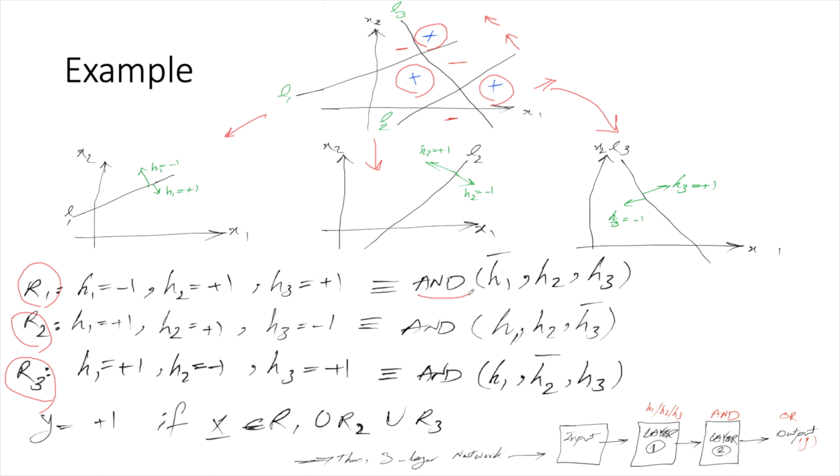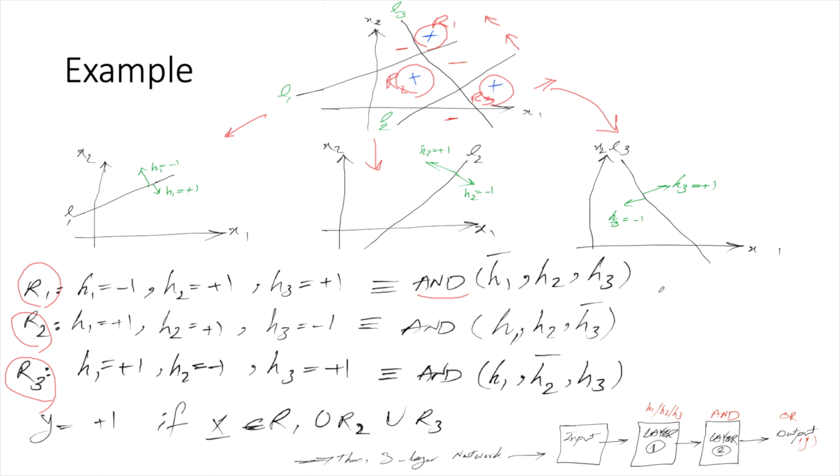Thus, making an AND of these 3 hypotheses, 3 simple perceptrons in this case, negation of H1, H2, and H3 actually represent this region. We call it R1. And you see that simply by stacking up those 3 H's, H1, H2, negation of H3, and H1, negation of H2 and H3, we can represent these 2 as well.